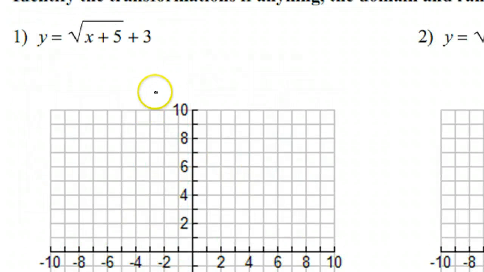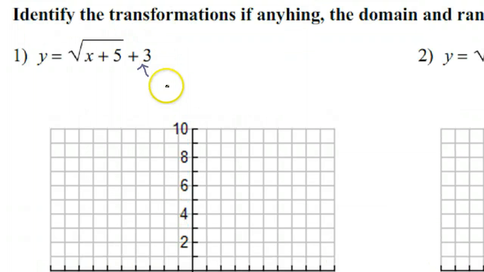Alright, looking at problem number 1, you can see that compared with the parent function, we have some modifications going on here. When you're adding and subtracting on the end of a function like this, that's going to be a shift up or down. And positive would be up, negative would be down. So this is a translation that is up 3.